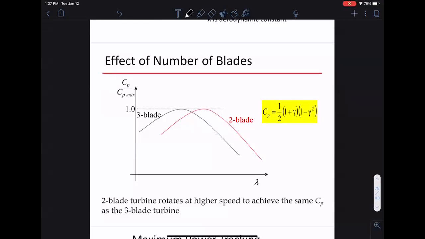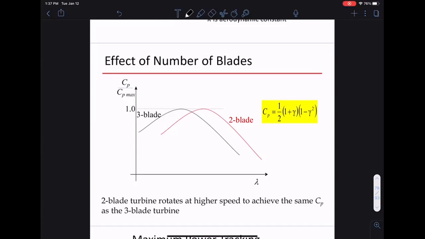It just turns out the 2-blade turbine needs to rotate at a higher speed, which makes sense because you only have 2 blades. You need to rotate faster to sweep through the area. You achieve this at a higher tip speed ratio.